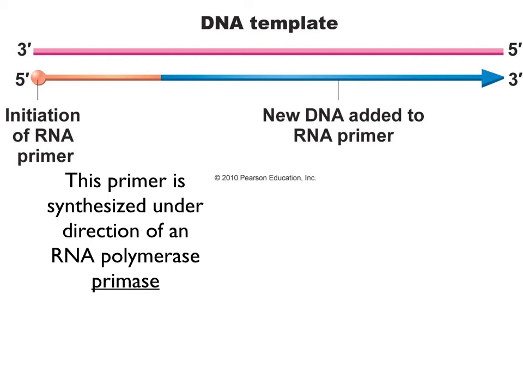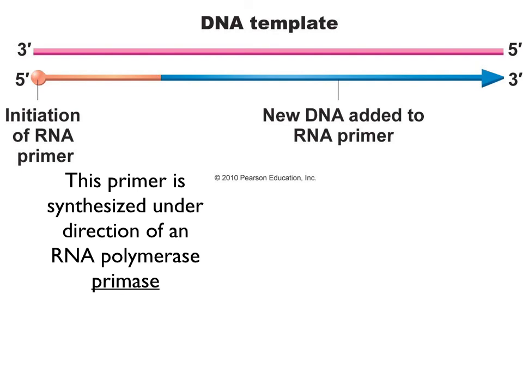It's used only for this purpose, and its purpose is to put a few nucleotides in here and start making a new strand. So it creates this orange strand with, let's say, 10 nucleotides of RNA. And it gets a little ways along, and then DNA polymerase notices and says, hey, thanks for doing this. There's a 3' end hanging off of the last RNA nucleotide that you added.